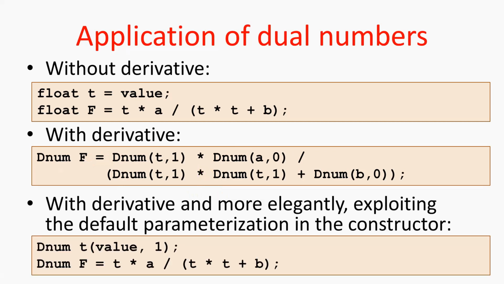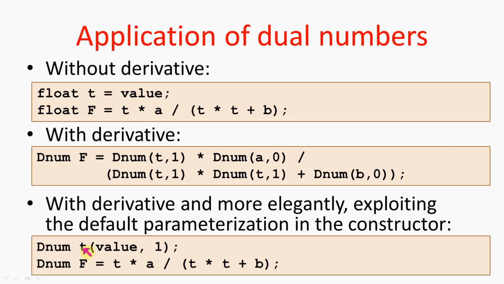Exploiting the default parameterization, which converts every real parameter into a dual value, assuming that this real parameter is constant, we can express the same formula in C++ with a much nicer expression.